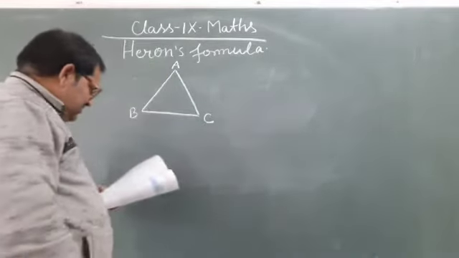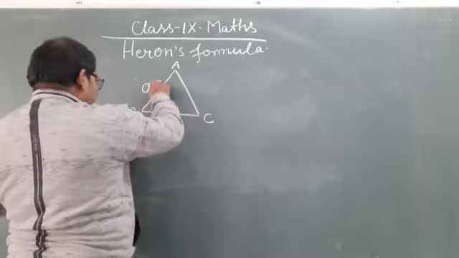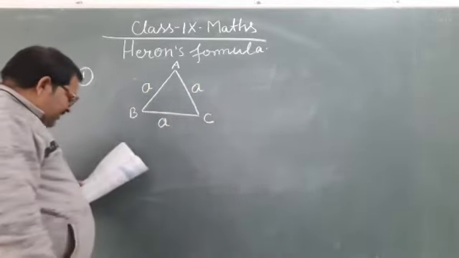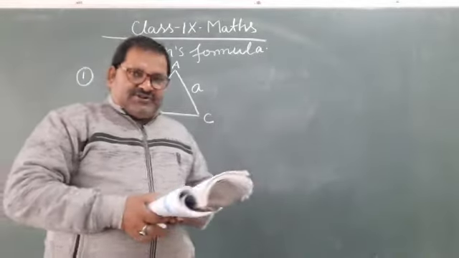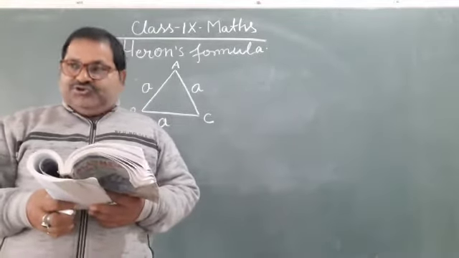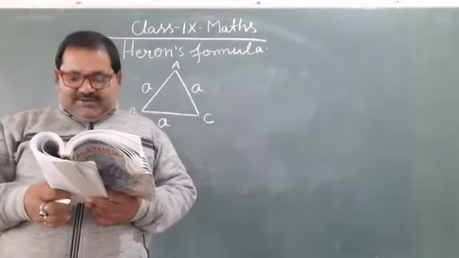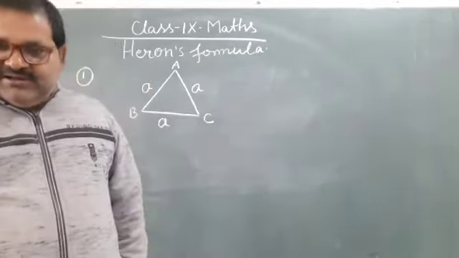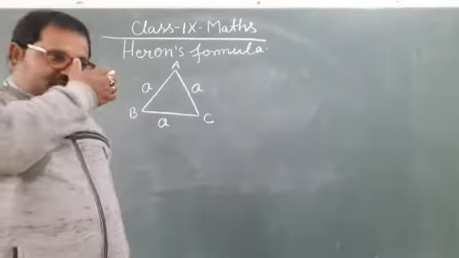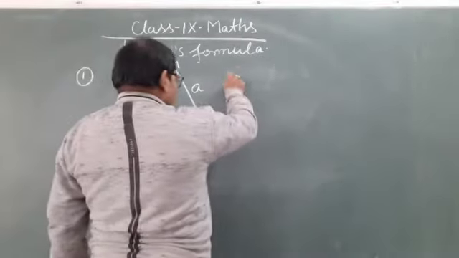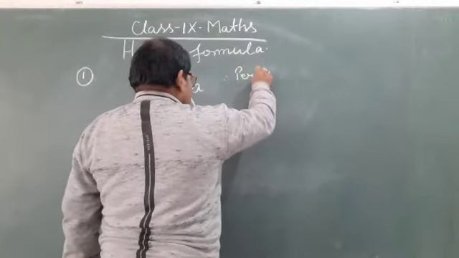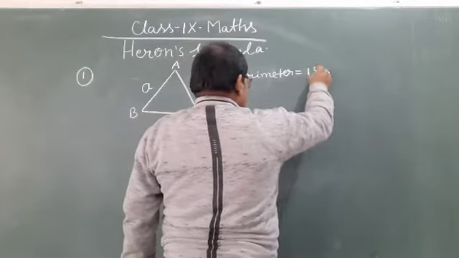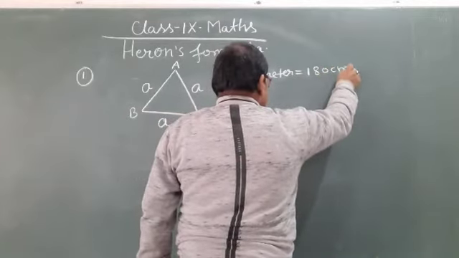The side is indicating A and A. Find the area of the signal board using Heron formula if its perimeter is 180 centimeter. Now perimeter is 180 centimeter.